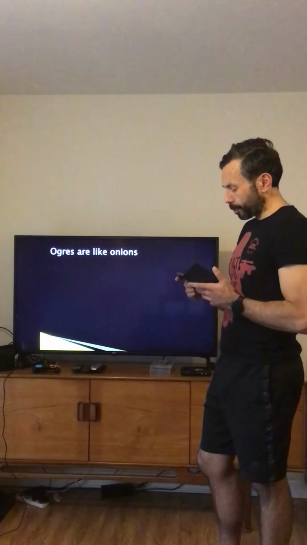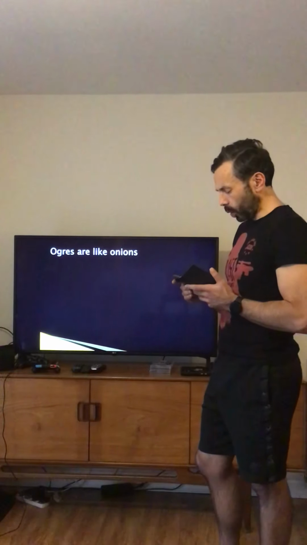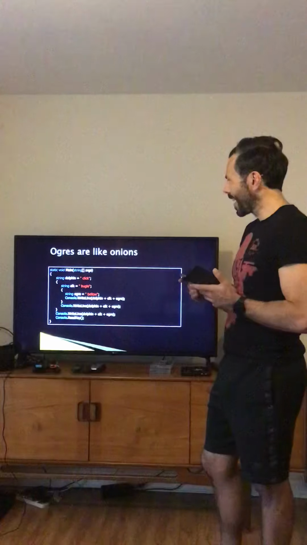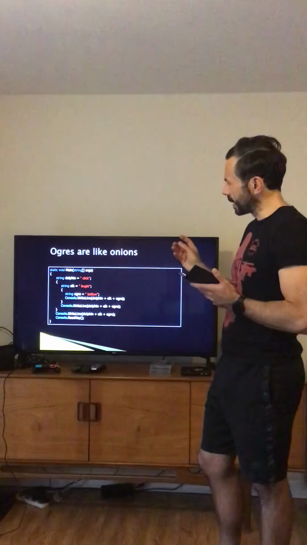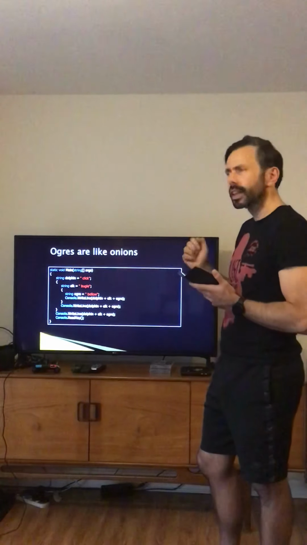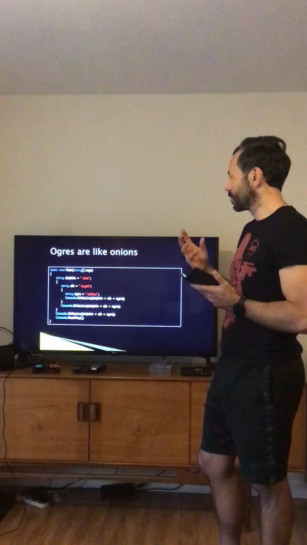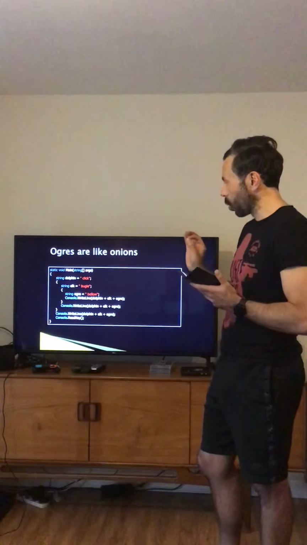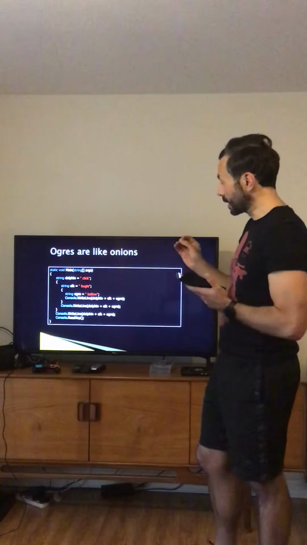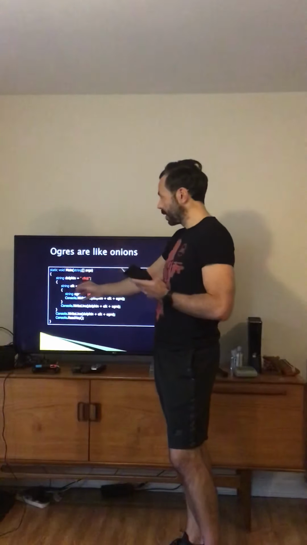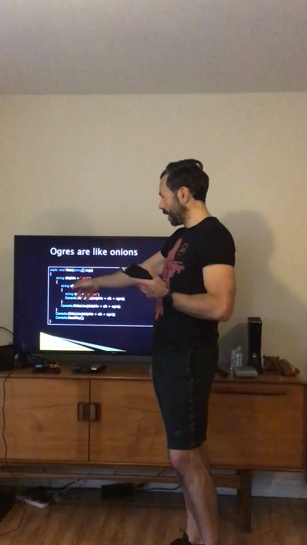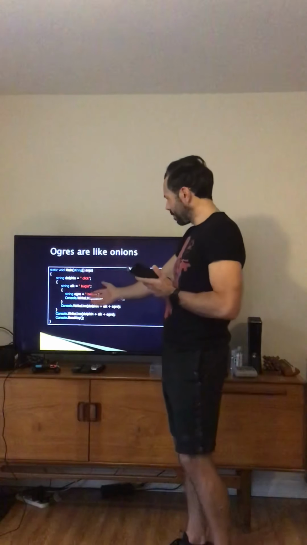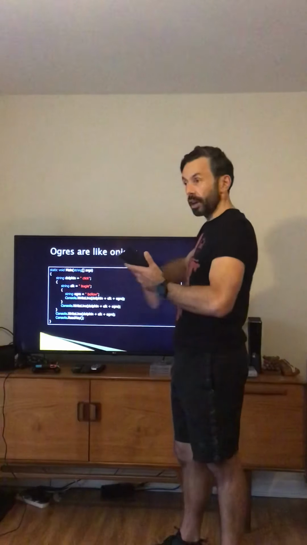Now, when I was rewriting all of this, I noticed a slide by the previous lecturer that says ogres are like onions, and what he means by that is the layers, but he's really talking about program scope. We have a number of strings defined: a dolphin says click, an elk bugles, an ogre does a bellow.